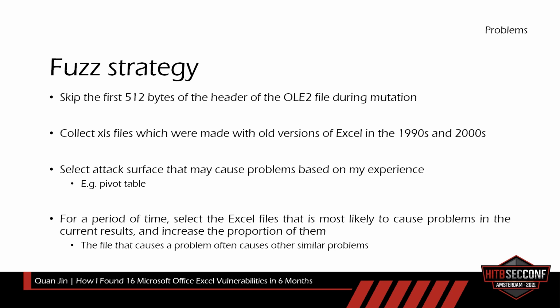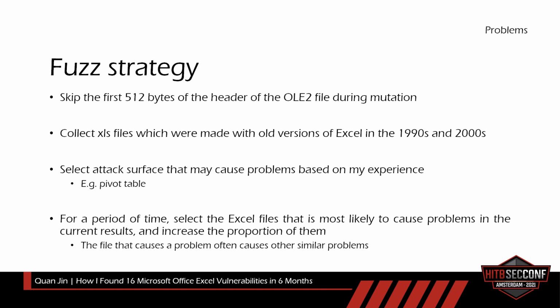Use older versions of Office for fuzzing to improve the speed of fuzzing. Use smaller Excel files for fuzzing to increase the speed of fuzzing. Use Google to collect XLS files which were made with old versions of Excel in the 1990s and 2000s and add them to the initial seed collection.